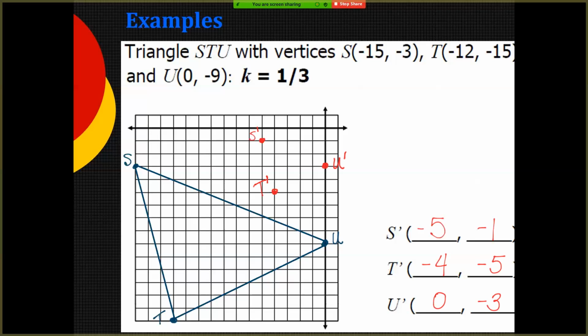And then to finish things up, I'm going to connect all three of these to make a triangle. Keep in mind, my original triangle should be larger than my second figure because it should have been reduced in size. So since I've reduced it, my reduced picture should be smaller than the original.